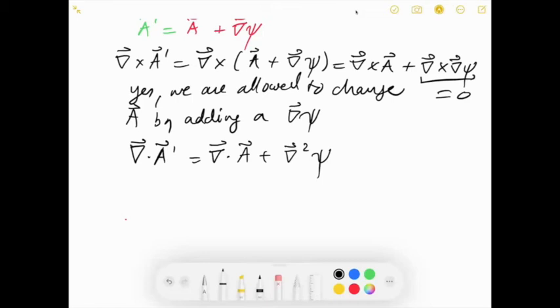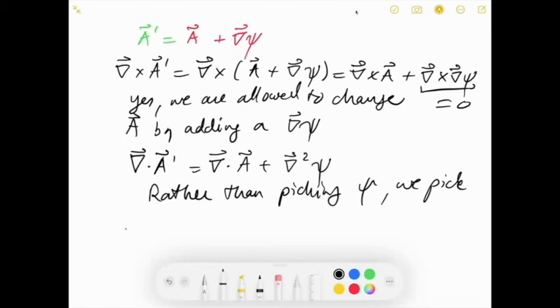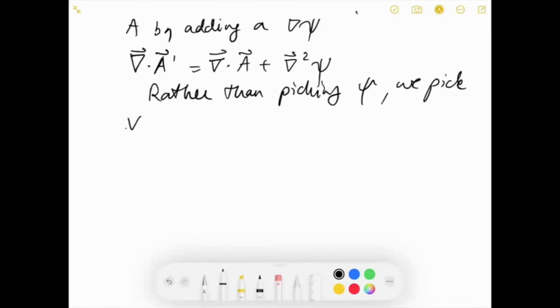So rather than picking psi, we pick the divergence of A. And that's our gauge freedom.